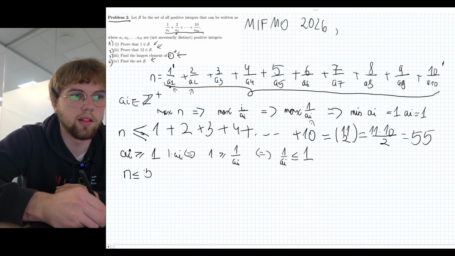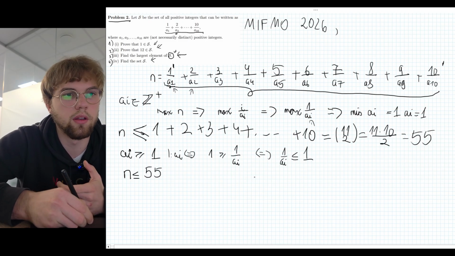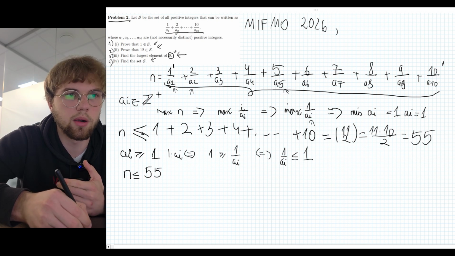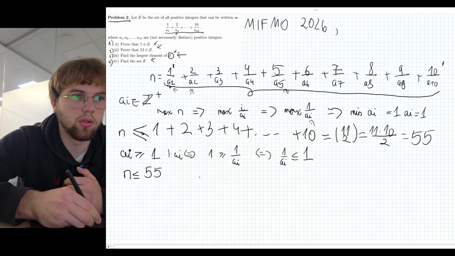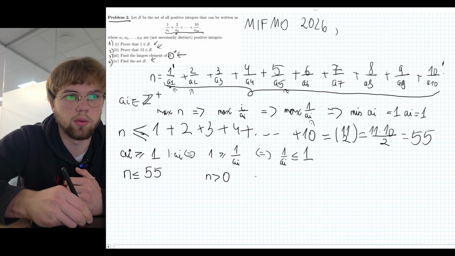So we've shown that n is less than or equal to 55, but also n cannot be negative or 0, because all of these inputs are positive integers. So also we have that n is greater than 0.